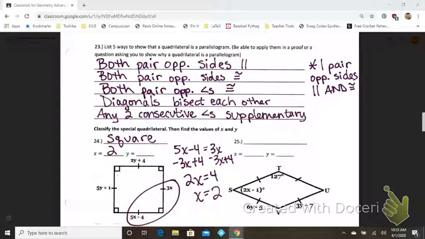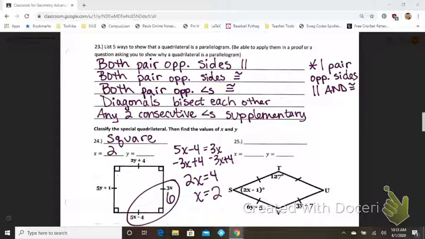Okay, a couple different ways you could go about this. Now that you know what x is, you could plug x in and find a side length. So for example, we know that any side length then should be 6. 3 times 2 is 6. So I could take either of these expressions and set it equal to 6 to find y.